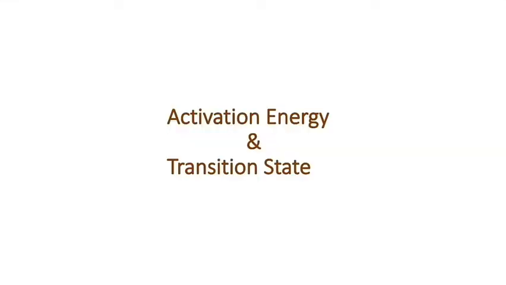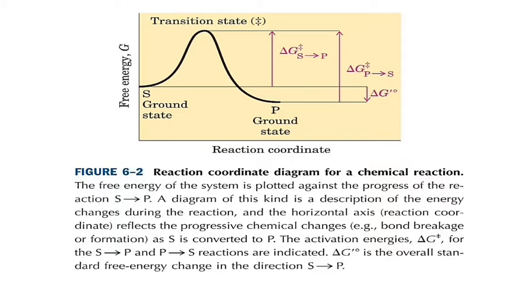Now we will explain what an activation energy is and what a transition state is. So let's begin. According to the kinetic theory of reaction, reactant molecules must collide with or approach each other with a minimum kinetic energy to form or change bonds.